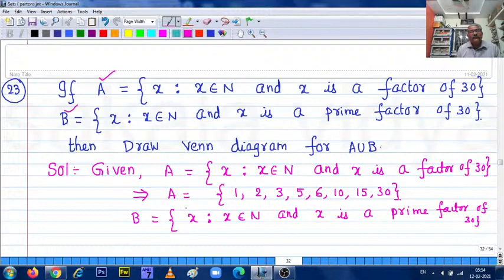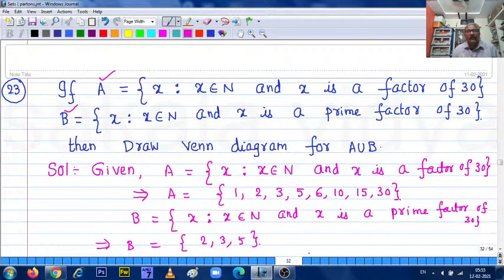So out of these, what are the prime factors? B equals 2, 3, 5. These 2, 3, 5 are there in A. That means B is a subset of A.